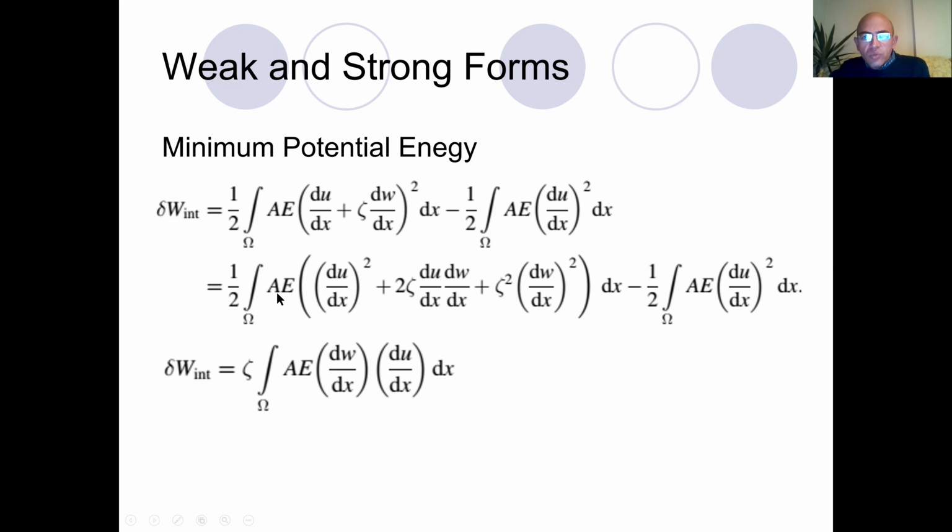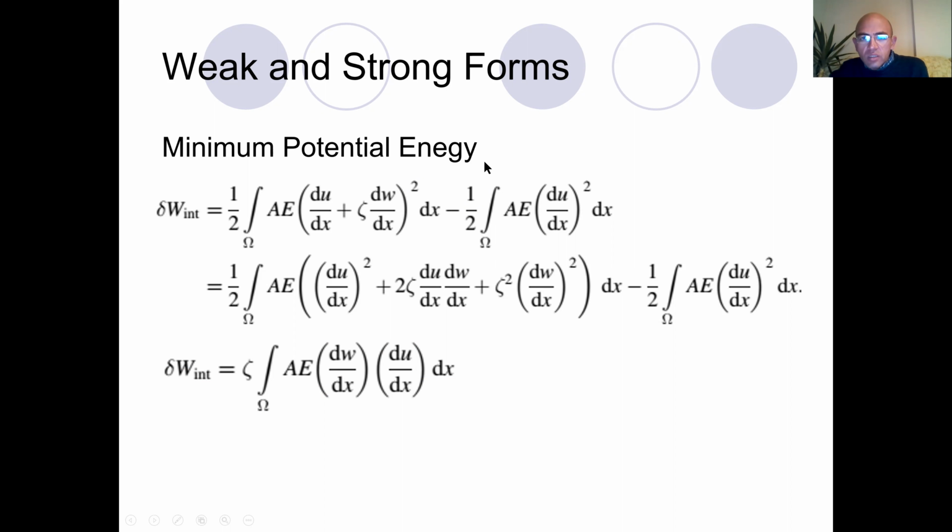So here we have area multiplied by the Young modulus du dx square plus 2 zeta du dx multiplied by dw dx plus zeta square dw dx square, integrated over the domain omega, minus 1/2 area multiplied by the Young modulus du dx square.